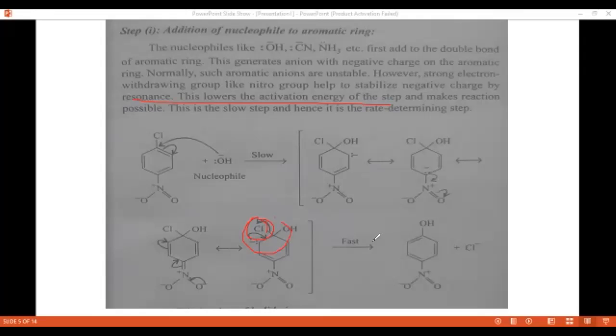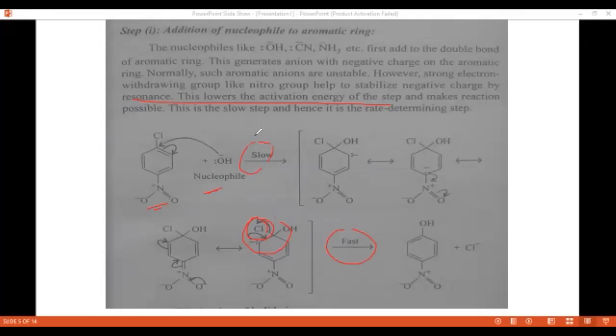This is in the first step. This is in the second step. As both substrate and nucleophile are involved in the rate determining step, the substrate, meaning the reactant, and the nucleophile, both are involved in the rate determining step or slow step.